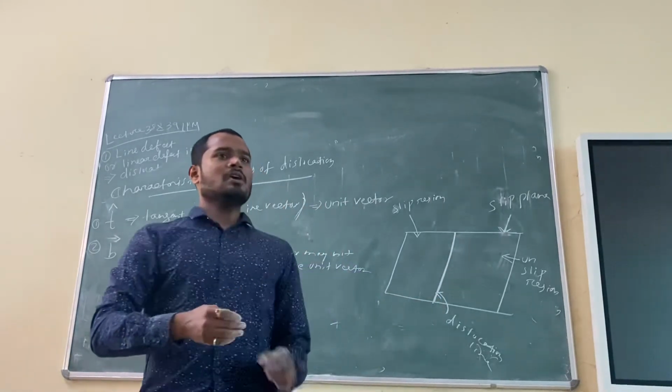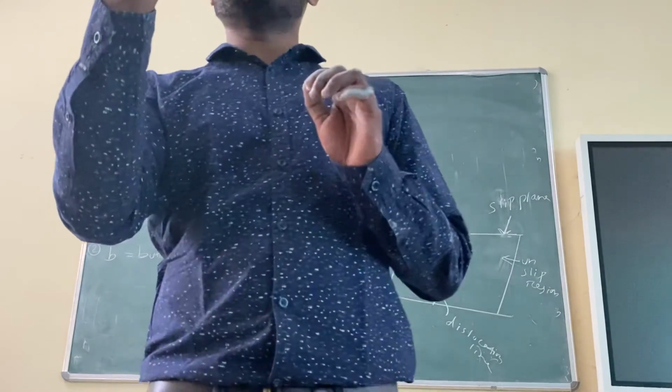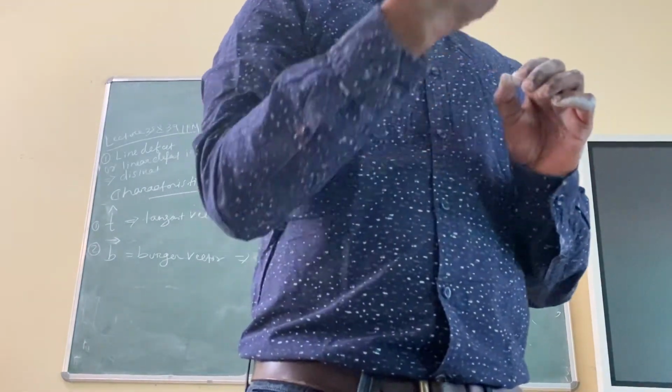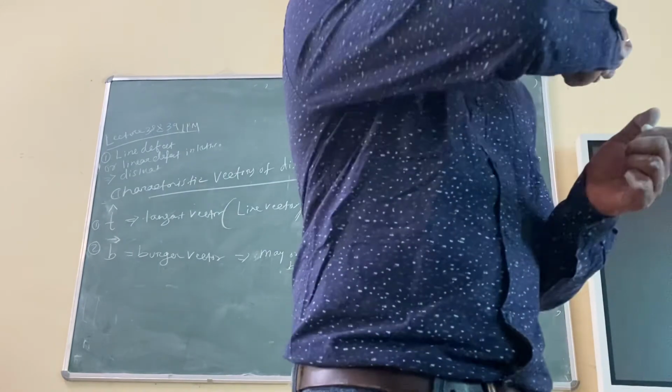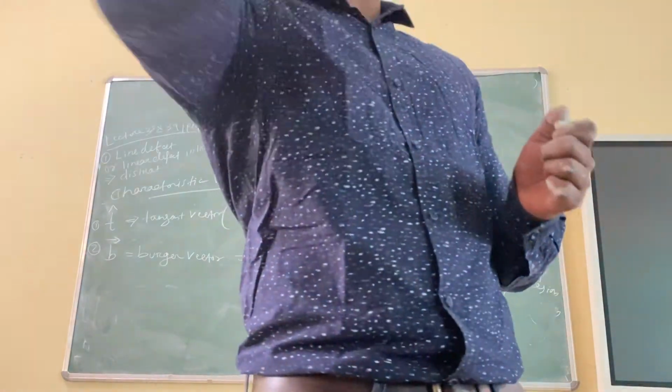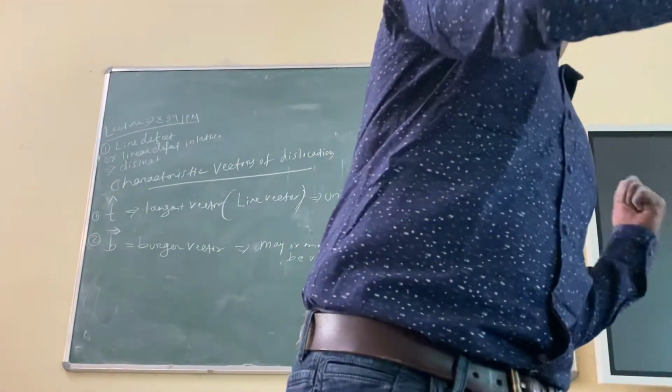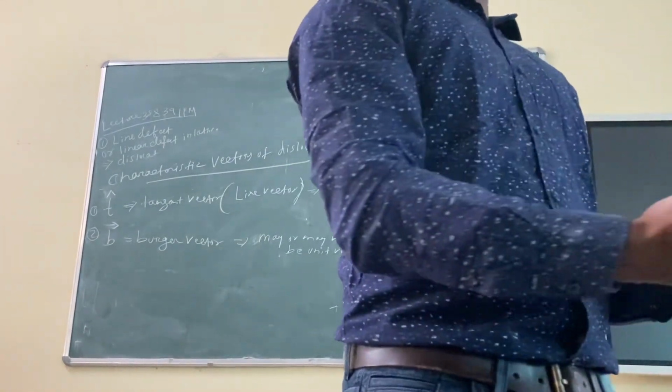Just imagine an extra half plane of atoms is moving. That means the dislocation line is also moving, right? The bottom part of the atom plane is the dislocation line. So the extra half plane moving means the dislocation line is actually moving.